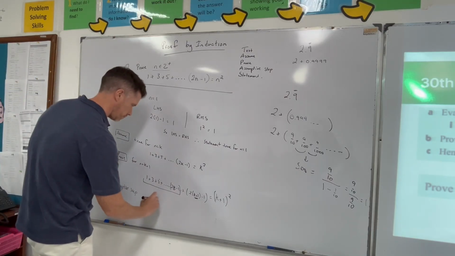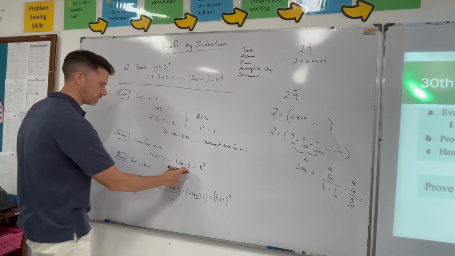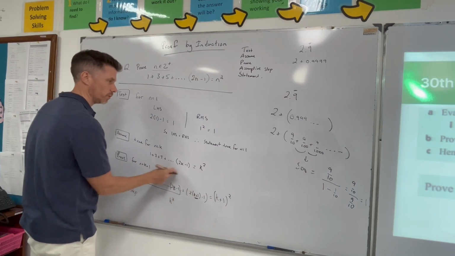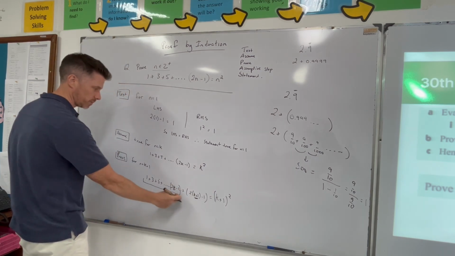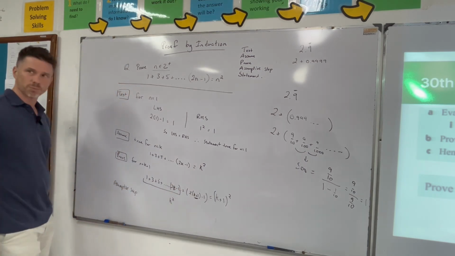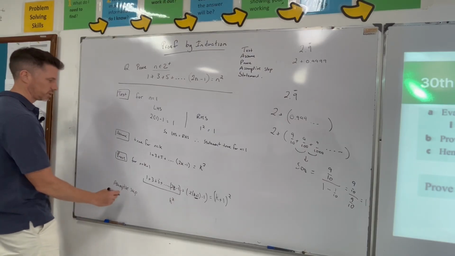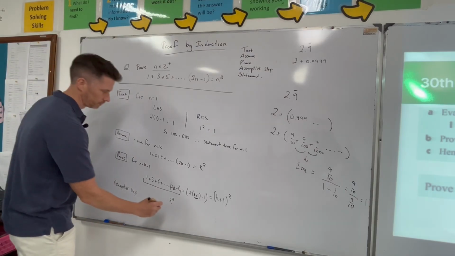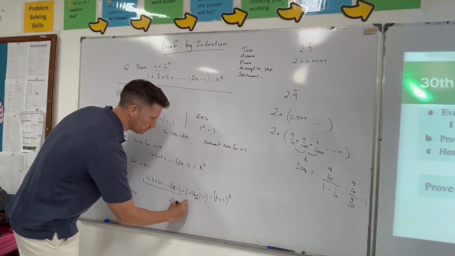K squared now, instead of all of this, we know that, well, we assume that these two are equal, so all of this bit is now replaced by k squared. Now you're always going to do that. You're always going to use the assumptive step. Some people say from assumptive step, or just write assumptive step.